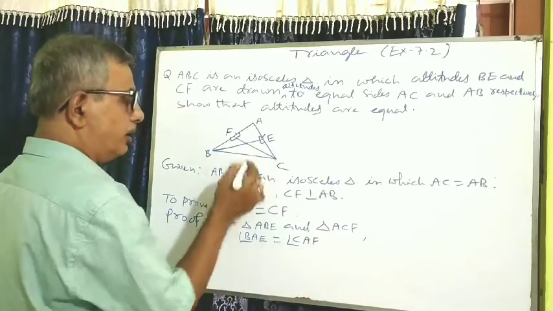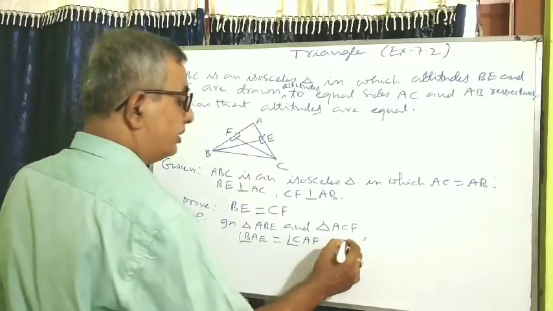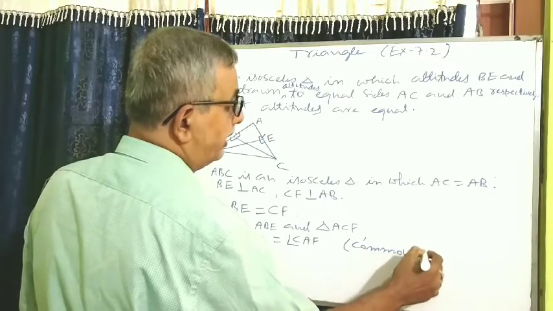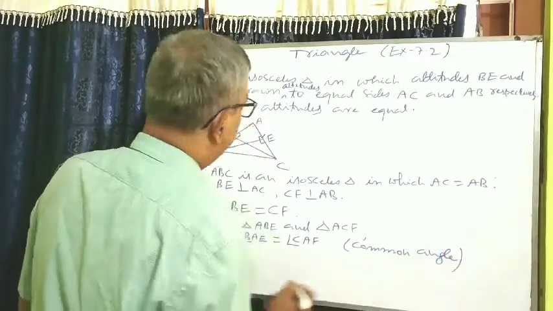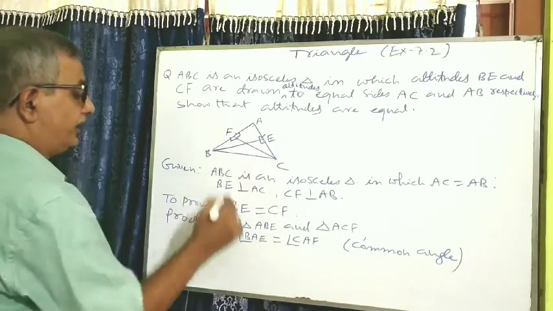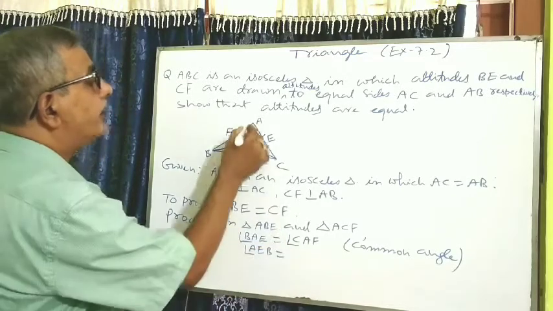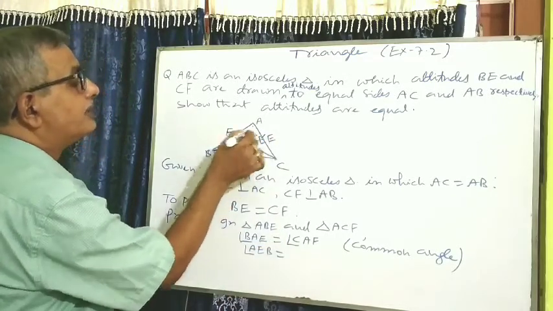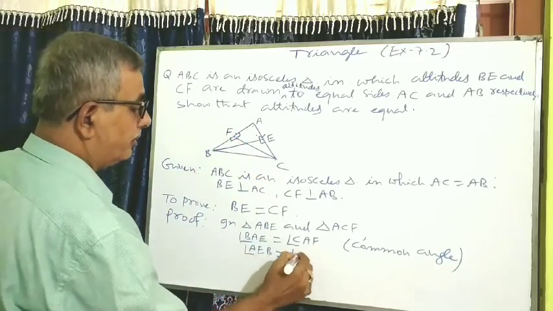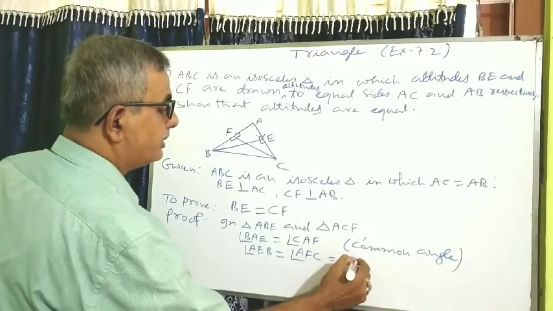Why these two? Actually it is a common angle. So you have to write common angle. Now you tell, my dear students, one more: angle AEB is equal to angle AFC, which is equal to 90 degrees.